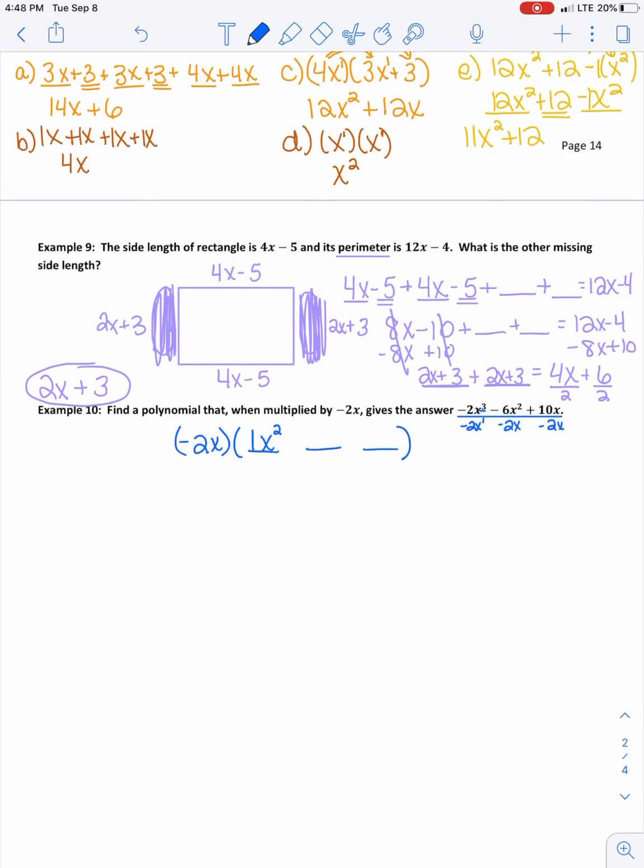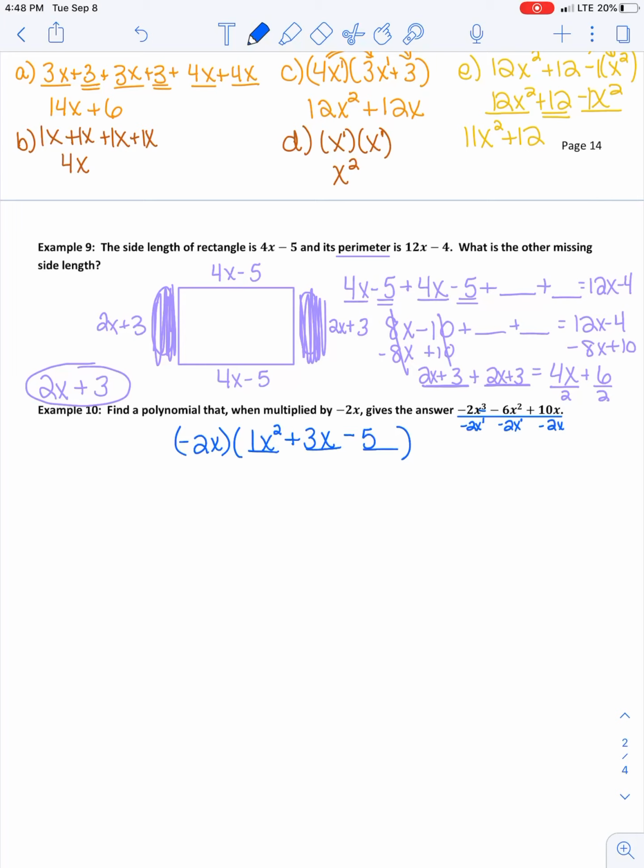Okay, then we have -6 divided by -2, which gives me a positive 3. X squared divided by x to the first. We subtract our exponents, so 2 minus 1 is just x to the first. I'm just going to leave it as x because it's the same thing. And then our last one here, we take the 10 divided by -2.